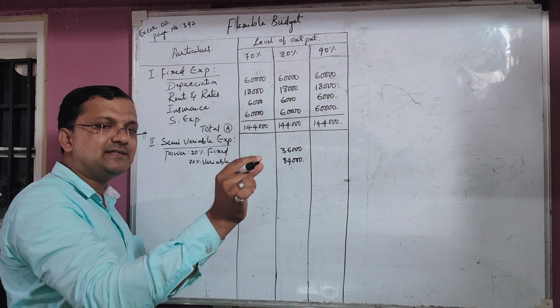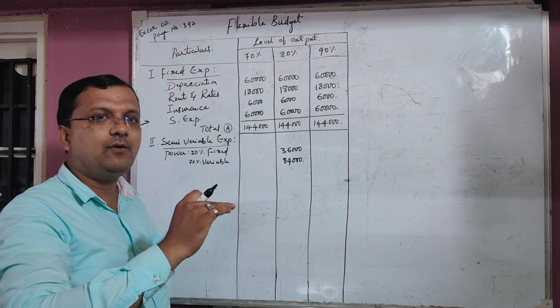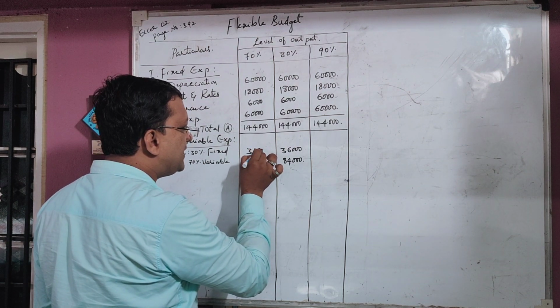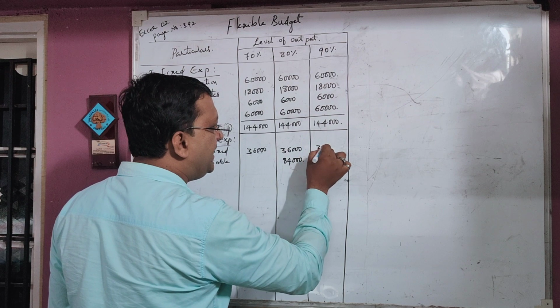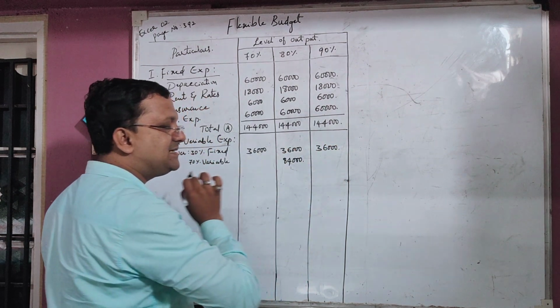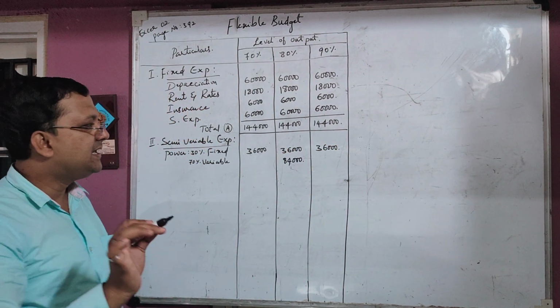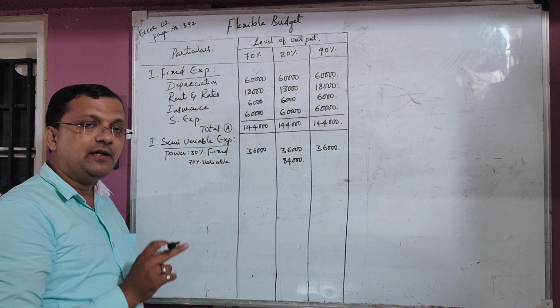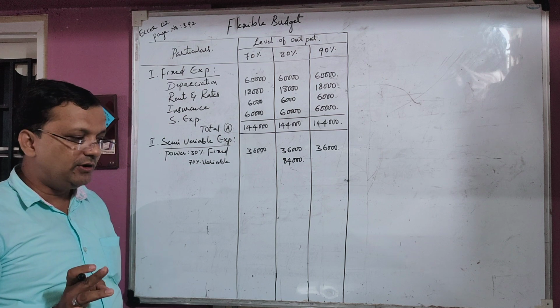As we have discussed, the nature of fixed expenditure remains constant, means 36,000 for 70% also 36,000, for 90% also 36,000 only, there is no change. But for 84,000, the variable part, you need to go with working notes.